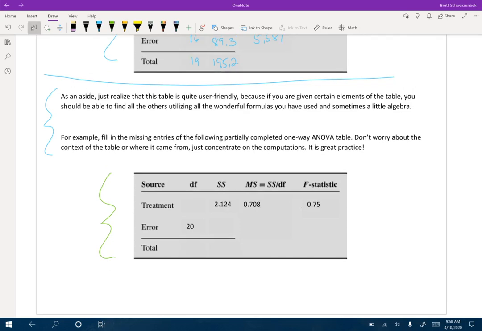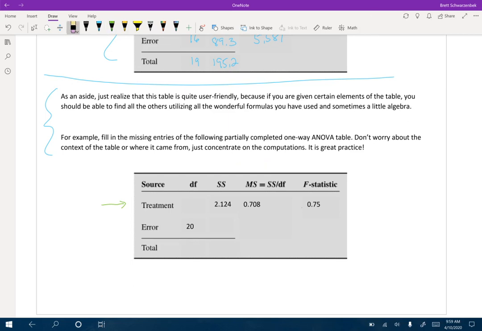For example, if you look here at the first row, we talked about how each one of these values is used to find the next one in the list, right?